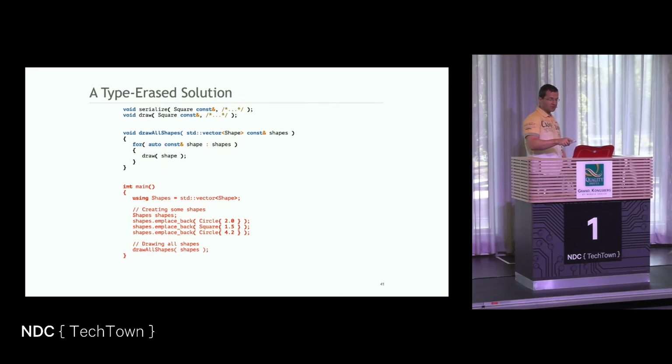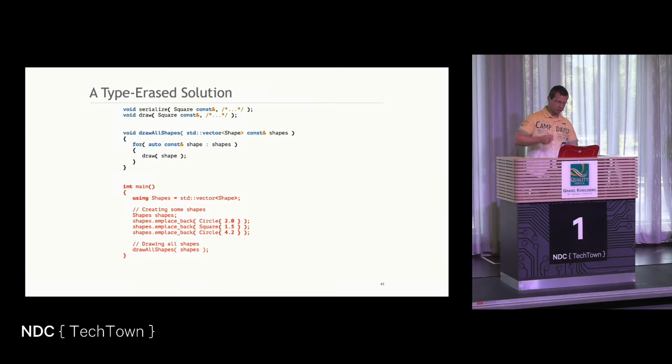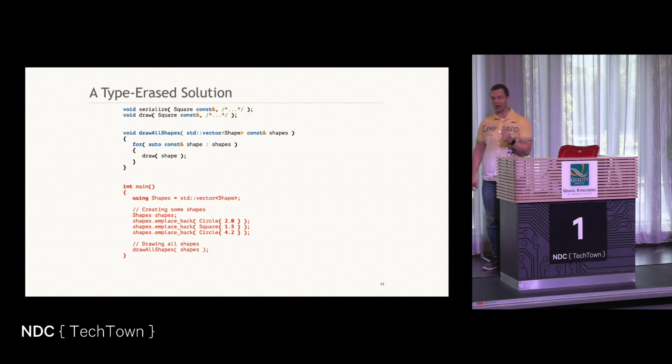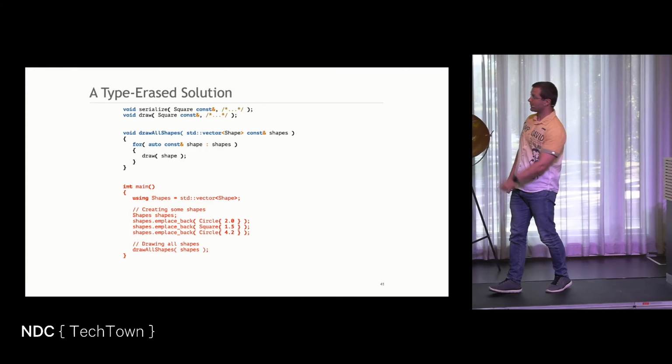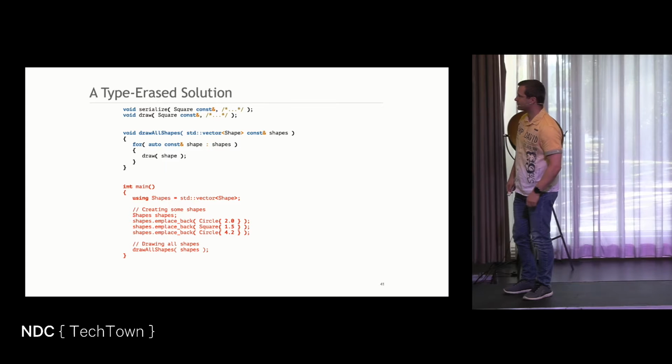All we create now is circles, squares, other kinds of shapes, and we simply put them in a vector of values. Breathtakingly beautiful, absolutely. And so natural. I have a vector of shapes. What do I put inside? A circle. Of course, it makes sense. What do I else put inside? A square. And usually you would be wondering, how does this work? But now you have an idea. That's the power of type erasure.